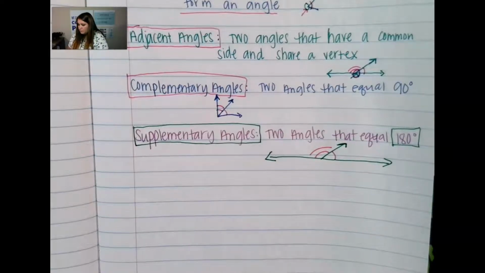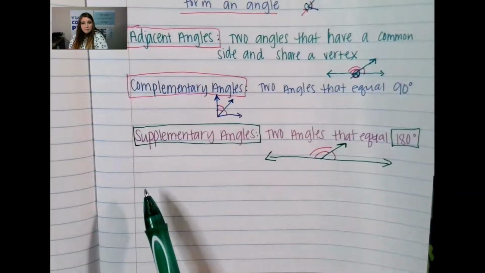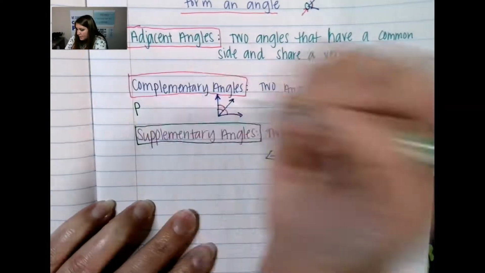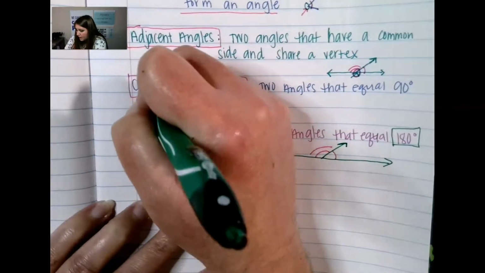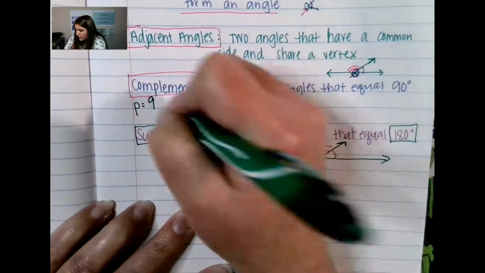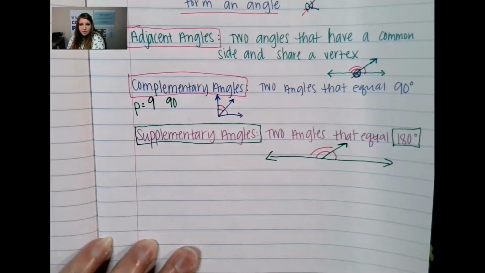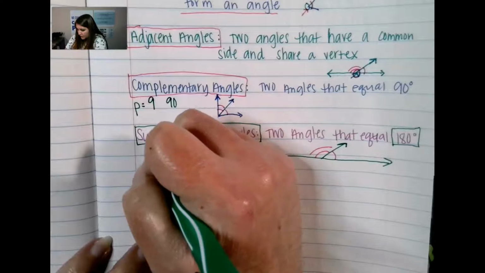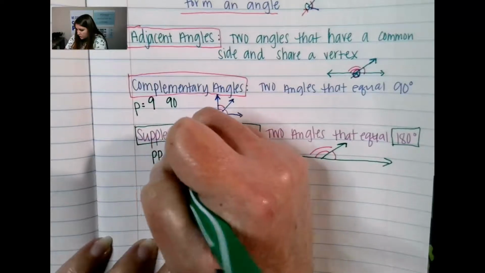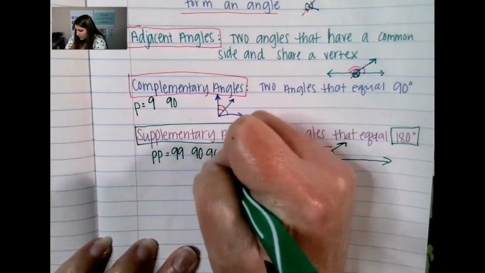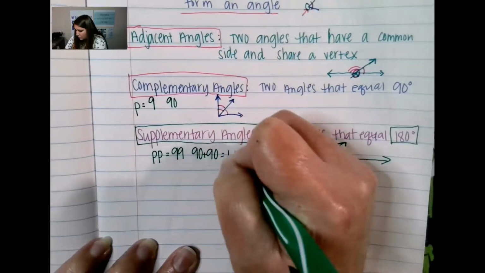Some people like to try to remember supplementary and complementary so they don't get them mixed up. Complementary has one P, and this P looks like a backwards 9, and 9 is like 90. Supplementary has two P's, which is equal to two 9's, or two 90's, and 90 plus 90 equals 180.